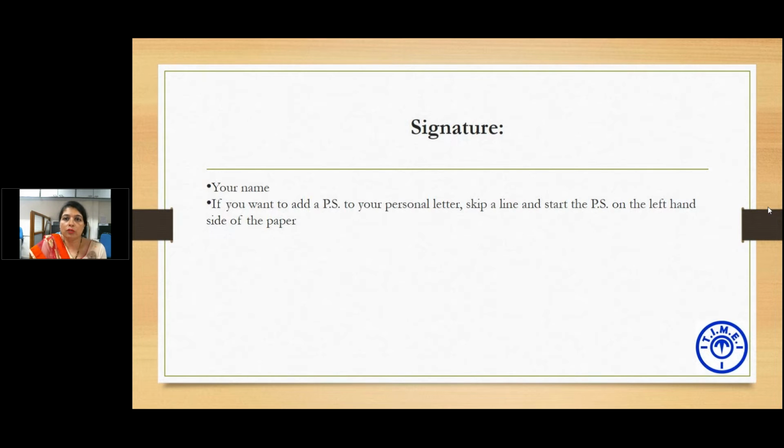Now, it's not the body alone, it's the complete structure. You may not add the inside address and other parts. The body plus the complementary clause, the signature, everything should add up to 150 words. So this is something that you have to keep in mind.